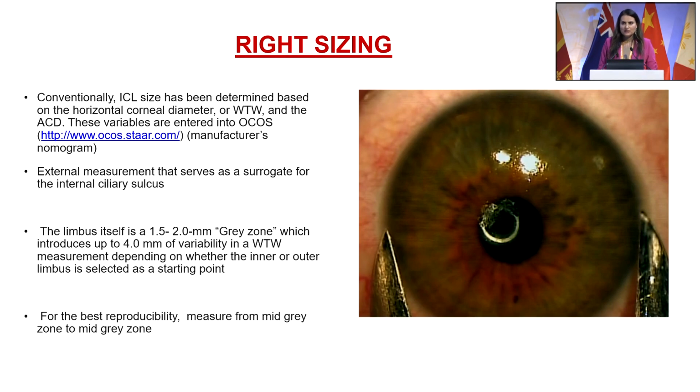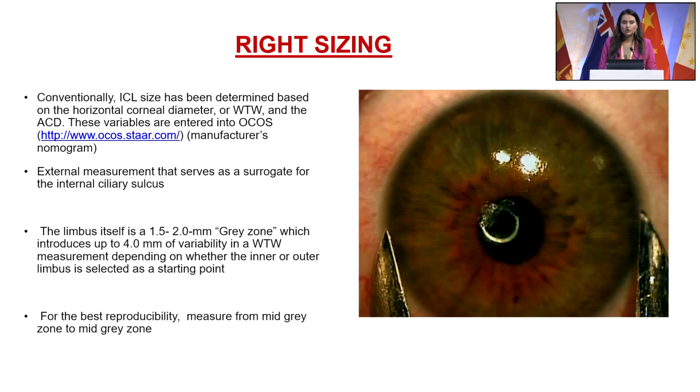Now, where the fallacies arise, first and foremost, it could be just a measurement error. Considering that the limbus itself is a 1.5 to 2 millimeter gray zone area on both sides, it can introduce an error of up to 4 millimeters if it's not measured correctly.